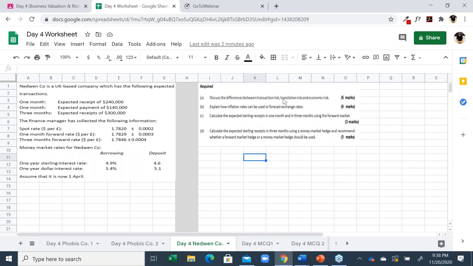And what is translation risk? You know that a parent company is required to prepare consolidated financial statements.